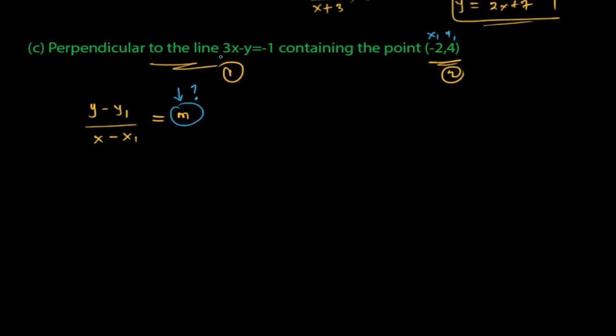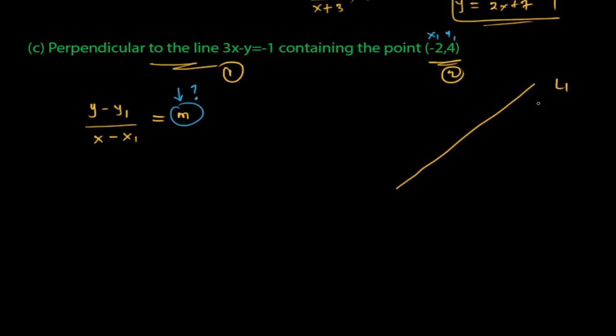The information we're given is that the line is perpendicular to 3x minus y equals -1. So what does your intuition tell you there? Let's explain something here. If you're given a line, let's call this line L1, the line which our line is perpendicular to.